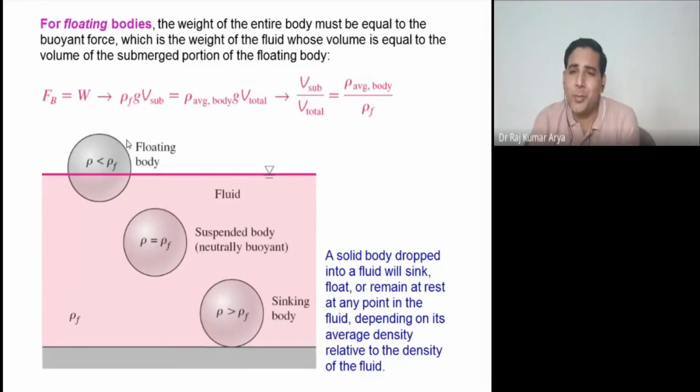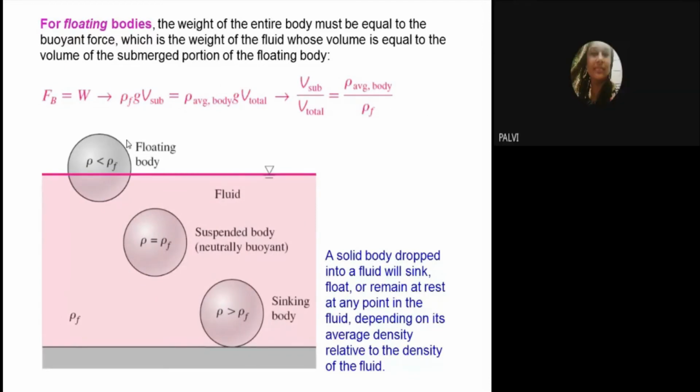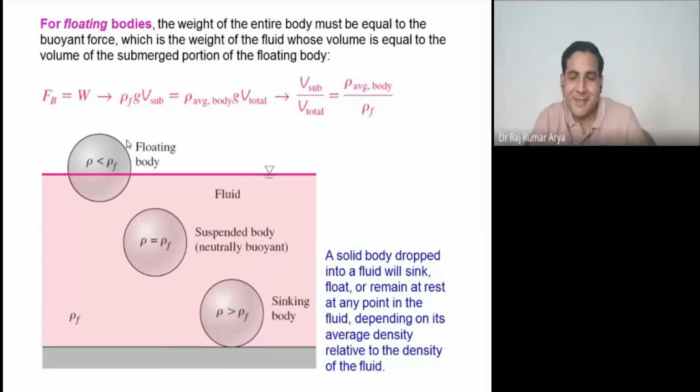Density is also the concept. But you asked about completely submerged. Density is the main concept, but the rest of the part is calculation, movement, and all this. That is a different part. Your answer was correct. No problem with that.